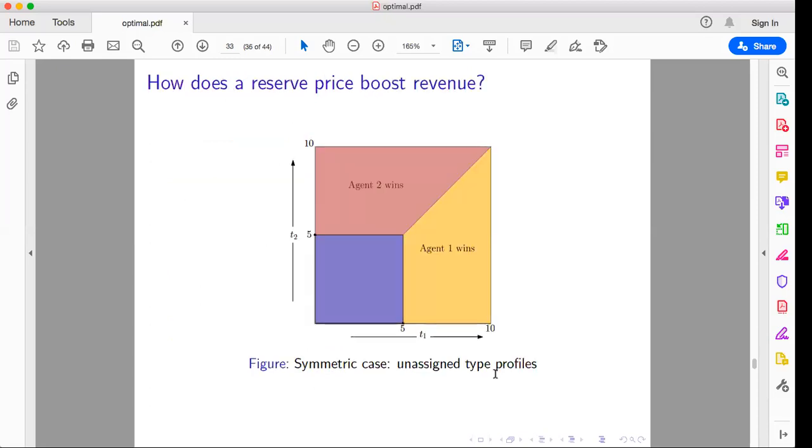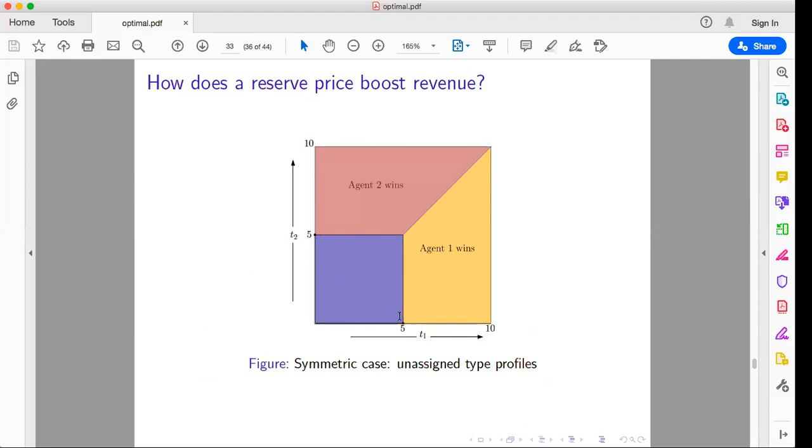Okay, so if I were to draw a diagram of what happens at every type profile, this is how it looks. This is the entire type profile space, 0 to 10. There are these reserve prices of 5 and 5, and below the 5, 5, nobody wins.